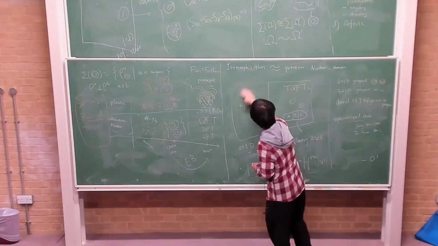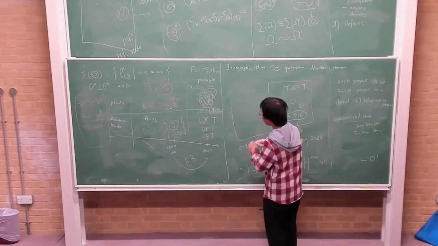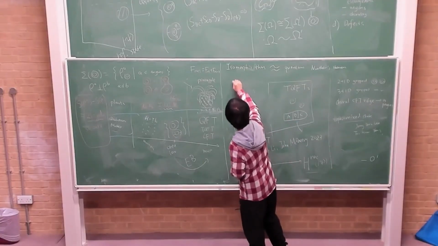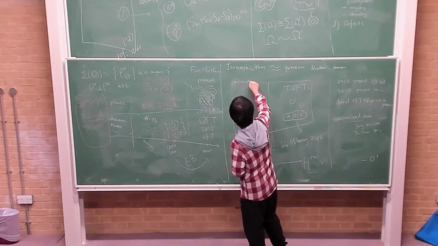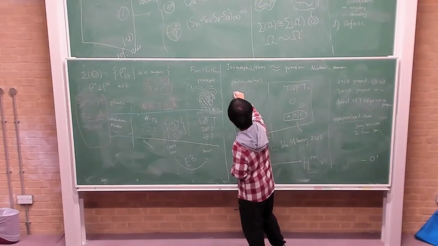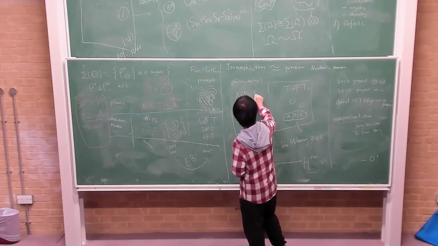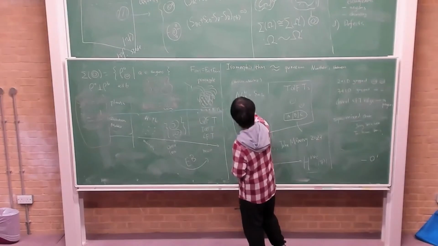It's general in the following sense. The only requirement on N_ABC is associativity and a few others, and N_A1B and so on.